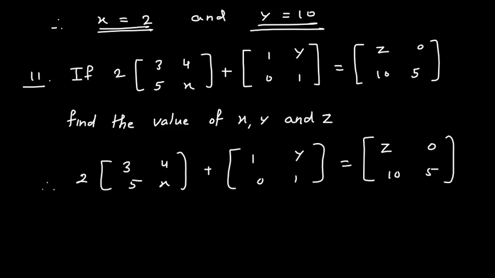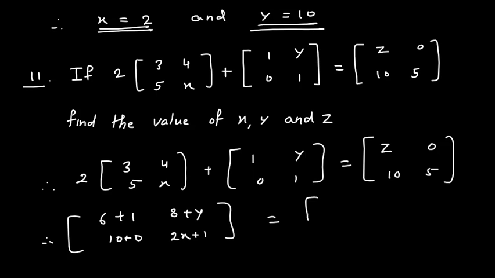So therefore we multiply: 2 into 3 is 6, plus 1, 6 plus 1 first element, then 2 into 4 is 8 plus y, this is second, 2 into 5 is 10 plus 0, and then 2x plus 1. This is on the left hand side, and on the right hand side we have z 0 10 and 5.